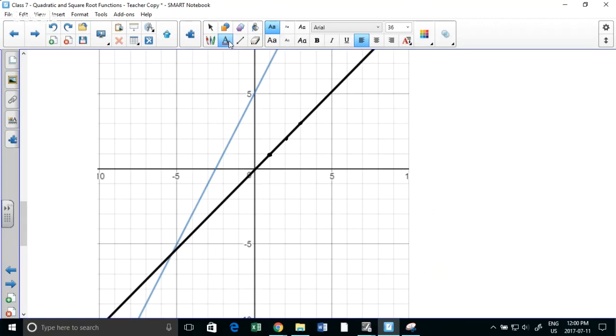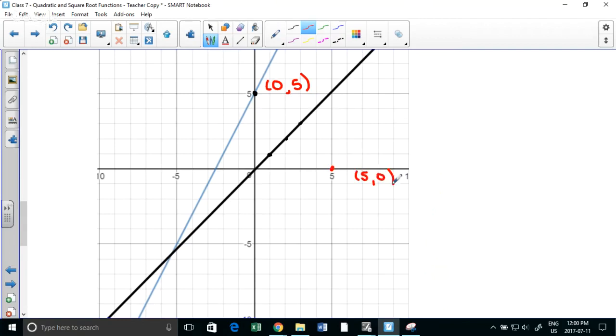Essentially what we're going to do is take a couple of points and flip them. So this one is at 0, 5. My new point is going to be at 5, 0. It's going to flip. Let's take another point. Negative 1, 4. So I'm going to have 4, negative 1.